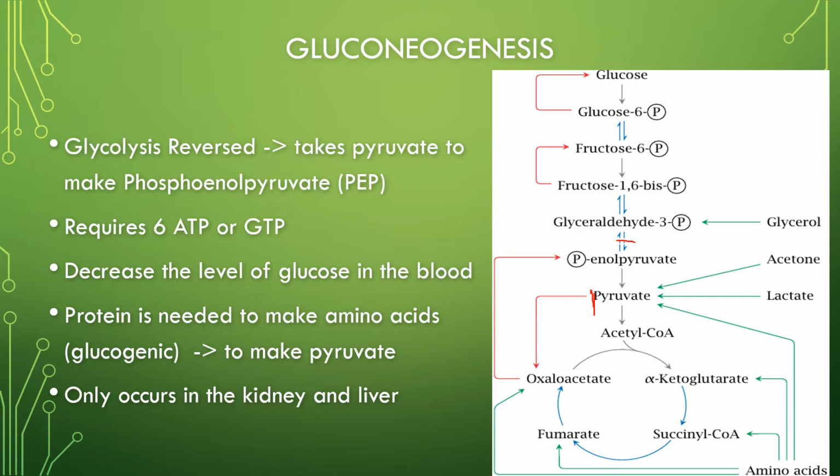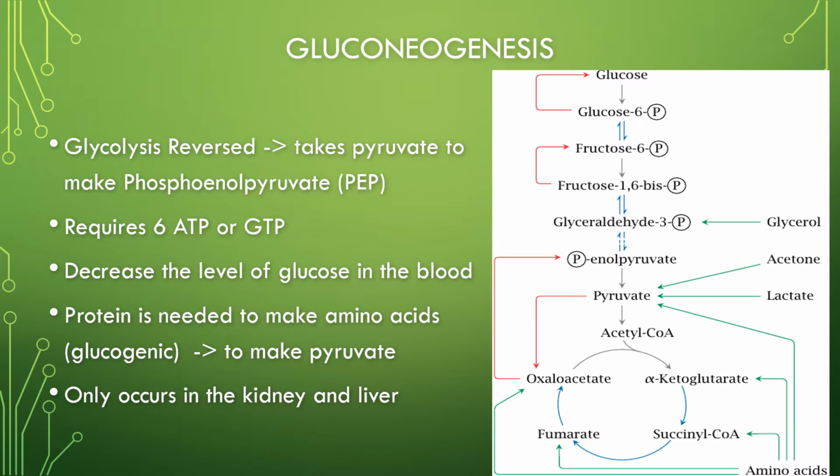These show that it can go either way. So gluconeogenesis begins at pyruvate, and it's going to be made back into phosphoenolpyruvate, so PEP. And that's this right here.